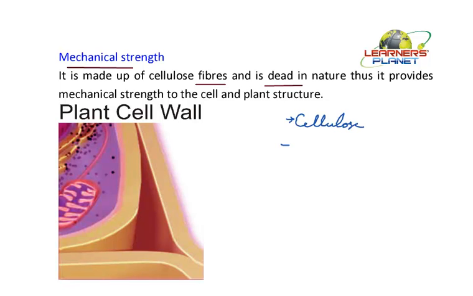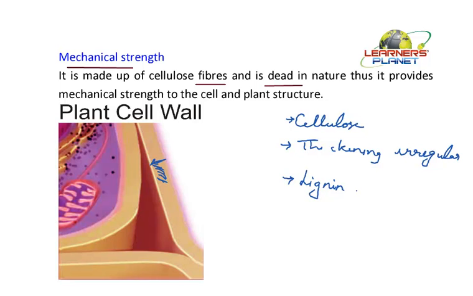Cellulose itself is secreted by the plant cell and starts getting deposited outside the plasma membrane. Besides that, in some types of tissues, the cellulose thickening is irregular. This irregular thickening also helps in increasing the thickness and the mechanical strength according to the place where it is present. Besides that, there is deposition of another complex compound called lignin.